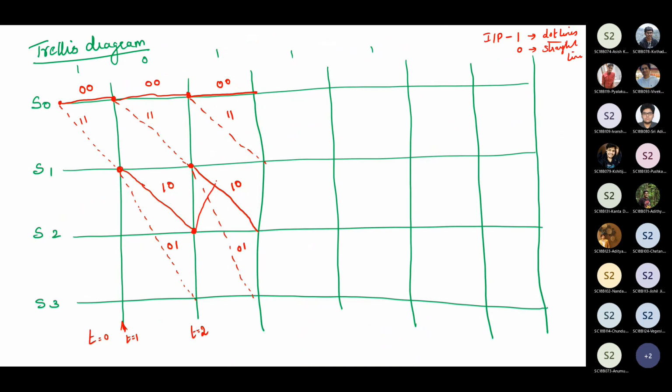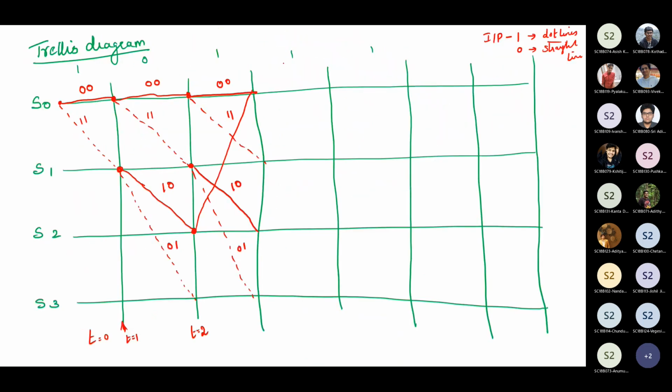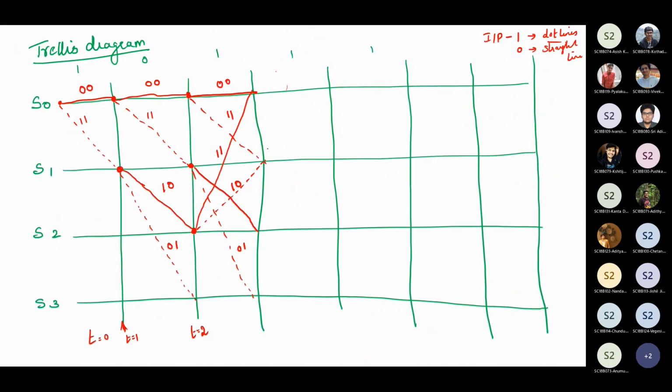The corresponding output for S0 is 1, 1, and for S1 the output is 0, 0.